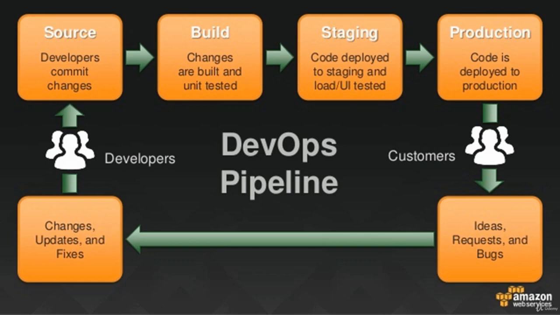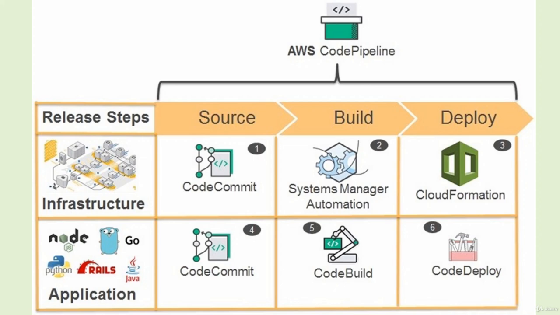The staging and production are done here with CodeDeploy. In the staging phase, the code is deployed to staging and the UI is tested, and then it is deployed to the production environment. Again, it is a subset of CodePipeline that could be used, and CodePipeline we are going to learn in the coming lecture.